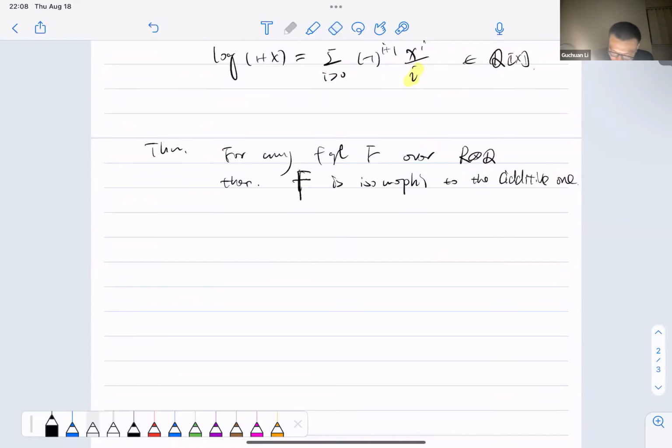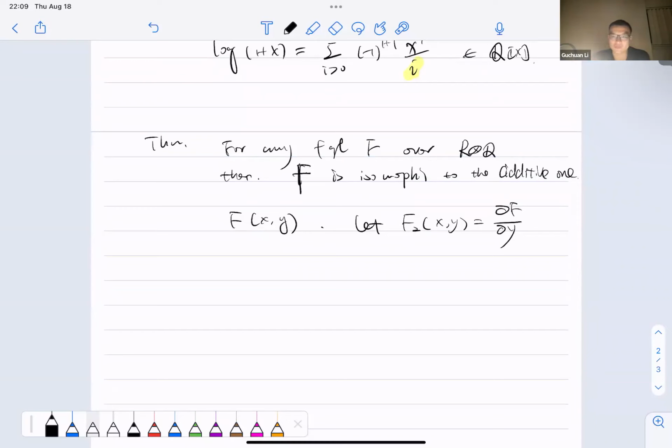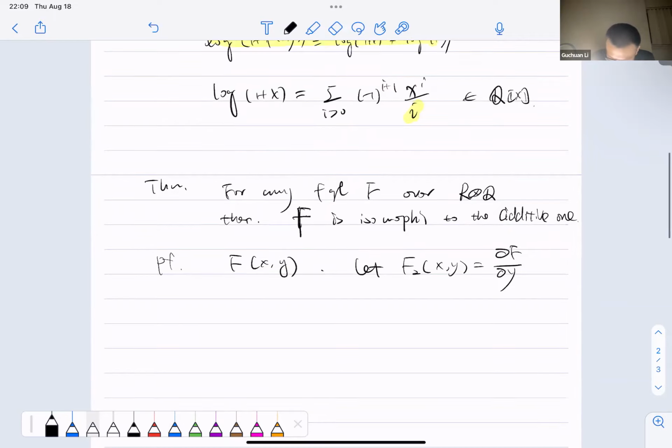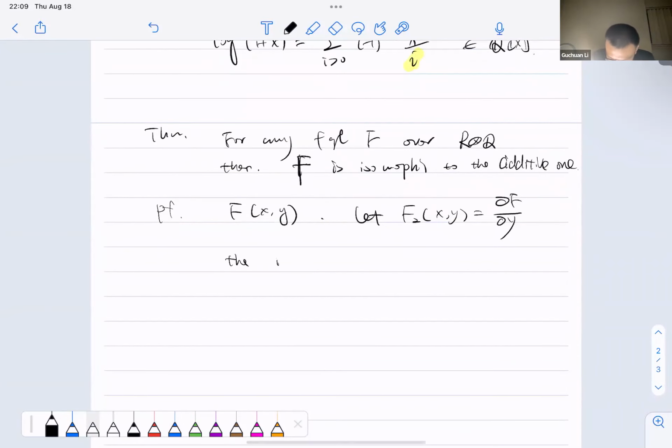Notice F is a function in two variables, and we denote F_2(x,y) to be the partial derivative in the second variable y, and everything is formal. Just like you do for polynomials, the isomorphism is given by the following.